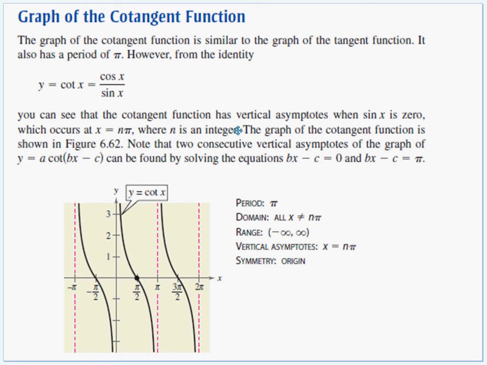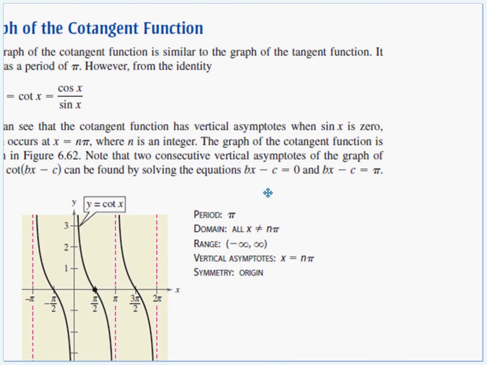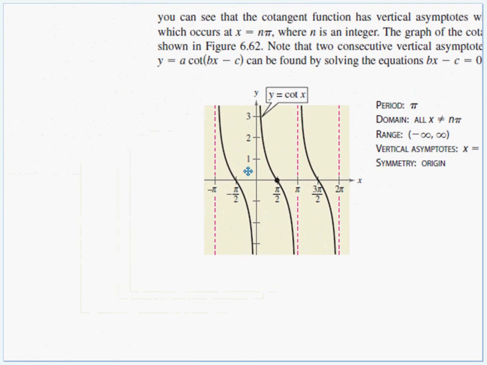We can see that the cotan function will have vertical asymptotes whenever sine is equal to 0, which occurs at pi and every multiple of pi after that. The graph of cotan function is shown below. Notice that 2 consecutive vertical asymptotes of the graph can be found by solving these equations. Set bx minus c equal to 0 and set bx minus c equal to pi.